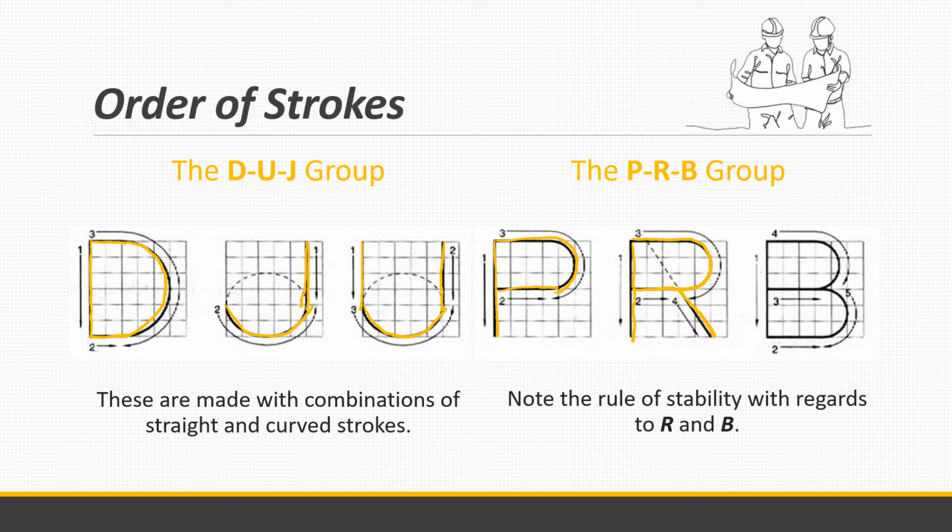For the B, 1, 2, 3, 4, curve, and 5. Those are the proper strokes of the DUJ and PRB groups.